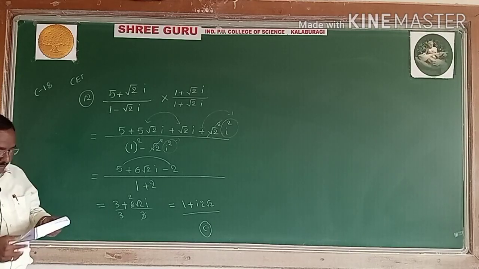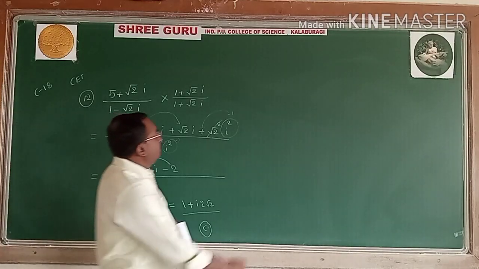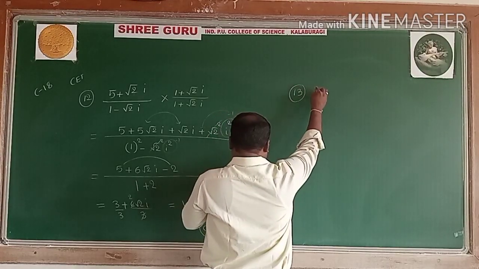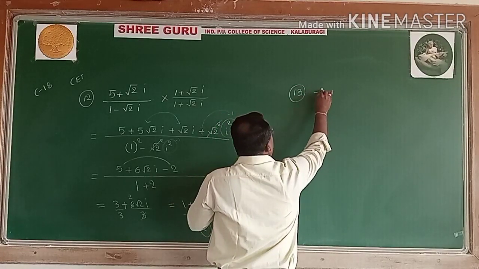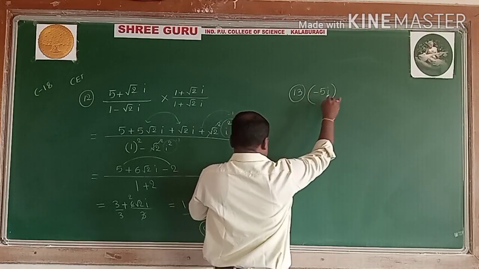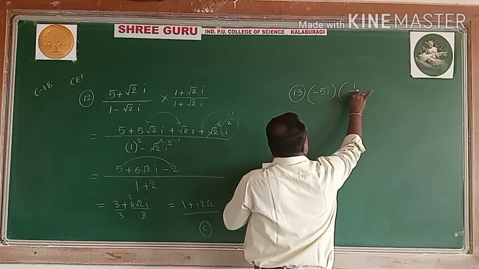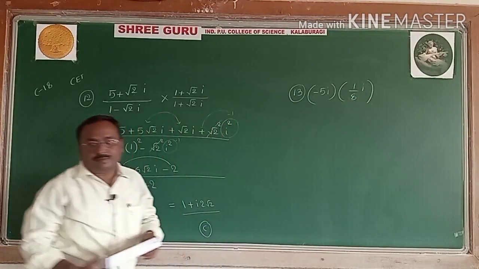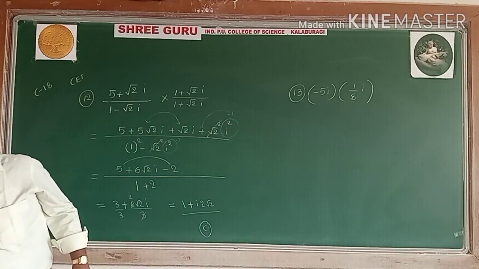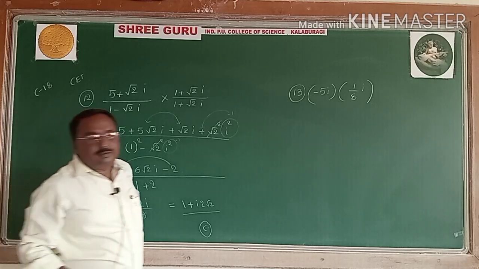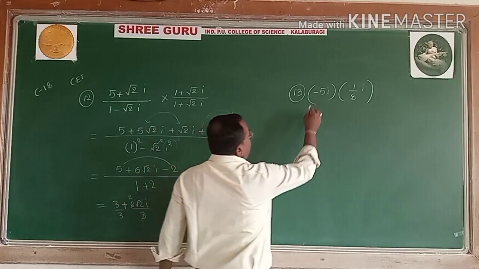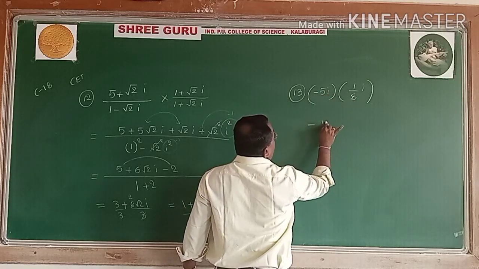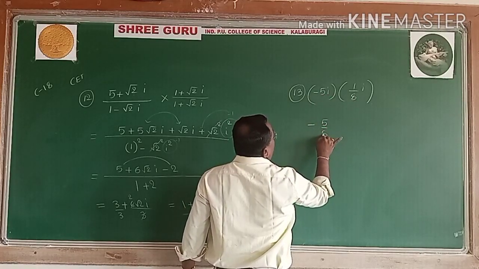Next, example number 13, that is minus 5 by 8 times i, times i. Minus keep as it is, 5 by 8 keep as it is, that is i into i.